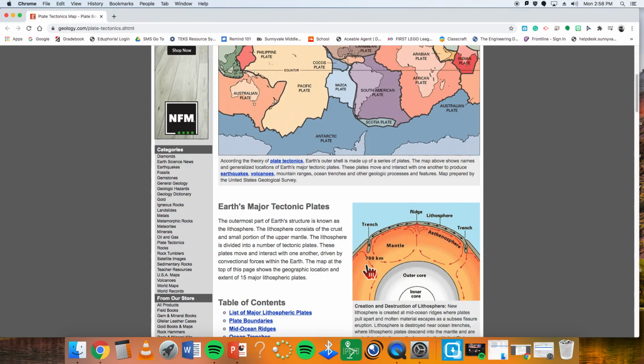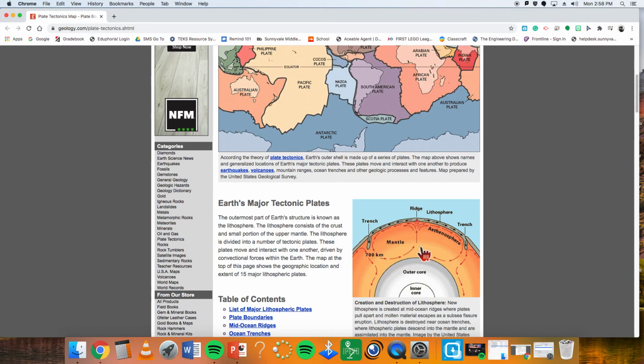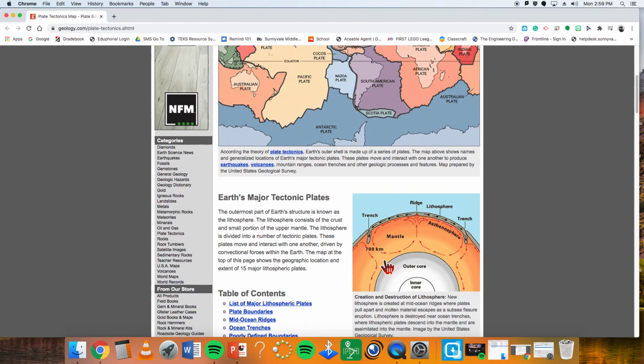So let's scroll down here. This is kind of what causes the plates to move in the lithosphere. We have that convection happening, heat rising, that magma rising, and then dragging across, dragging the plate, and then going back down again.